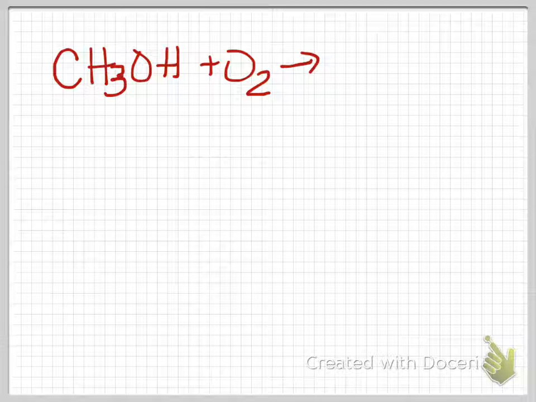If you have a hydrocarbon with nothing but hydrogens and carbons, and this one has an alcohol on it as well, plus O2, you immediately need to know what kind of reaction this is. This is a combustion.